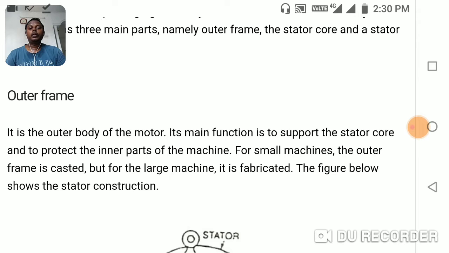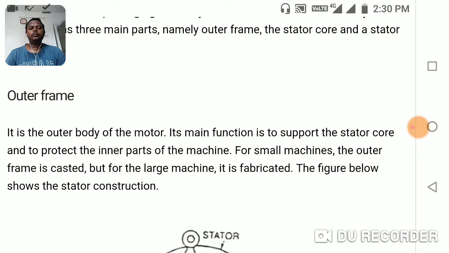It is the outer body of the motor. Its main function is to support the stator core and to protect the inner part of the machine. For small machines, the outer frame is casted, which means it has been molded. But for the large machine, it is fabricated.